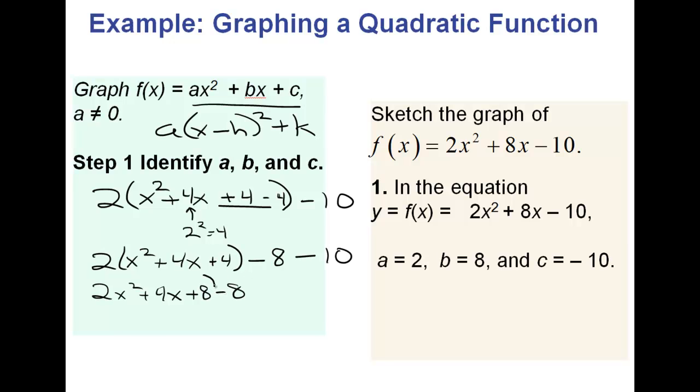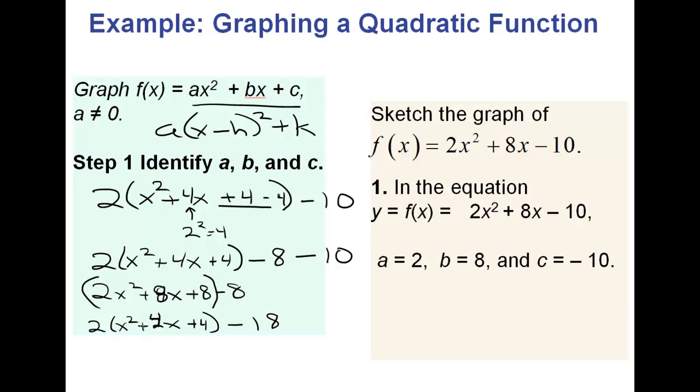Right, and then we're going to, once again, just concentrate on these three pieces, pull the 2 back out, x squared plus 4x plus 4, and then the minus 8 is still on the outside, and when we put the 10 with it, it's minus 18.